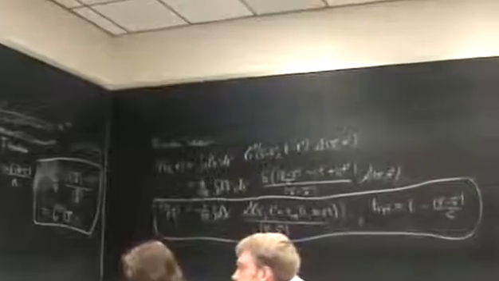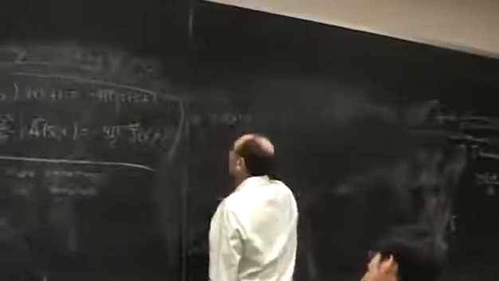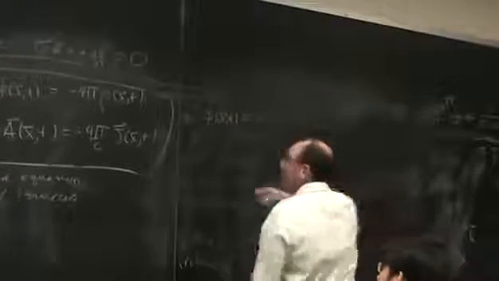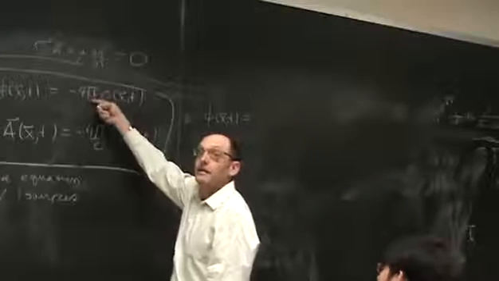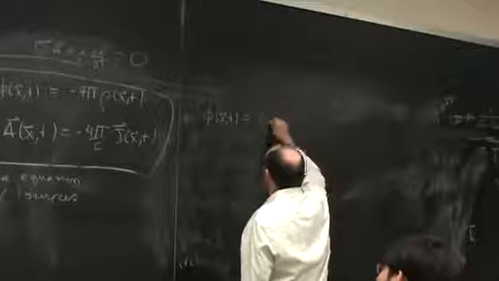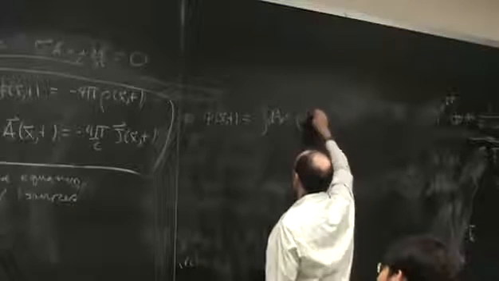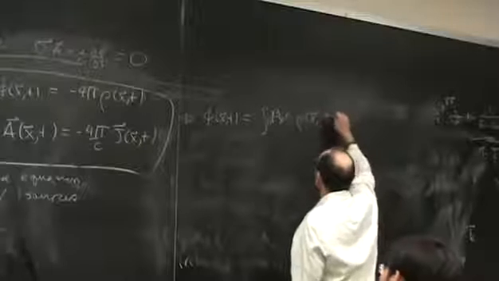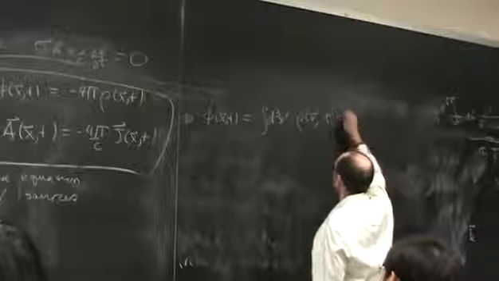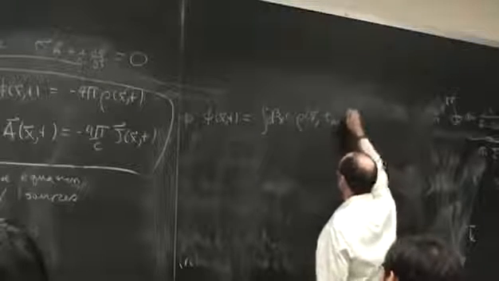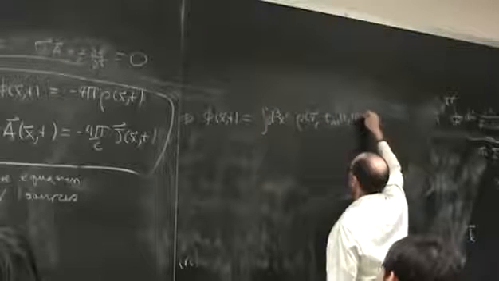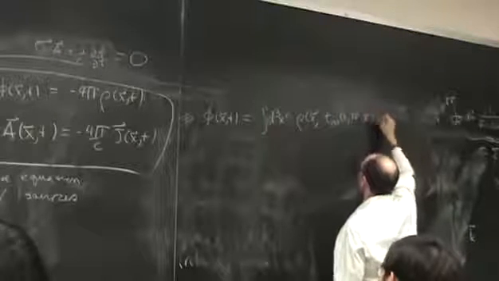Luckily, not erased yet. So the solution is the scalar potential as a function of time. The minus 1 over 4 pi cancels that. It's an integral over the sources, the source not at the same time, but at the retarded time, which is a function of time and the distance to the point of observation.